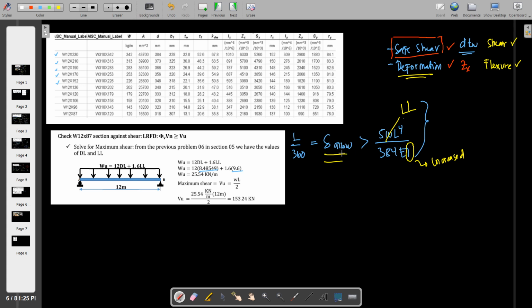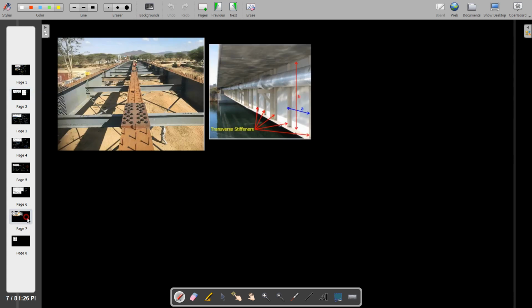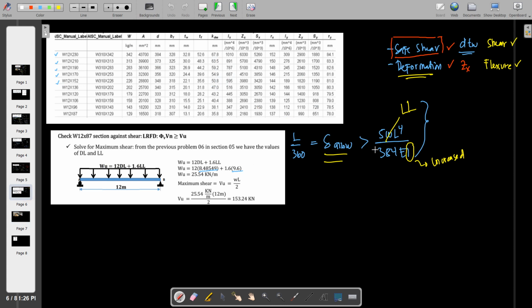Pwede na siyang pumasok sa allowable deformation. So, madali lang naman yung pag-check ng deformation. Just review it on the uploaded material for you. Now, simple lang, just apply those formulas here and then compare it to the actual deformation based on the loading, no? So, hindi pwede na mas mataas yung actual dun sa allowable. Okay, so that is just a simple principle to deal or to check for your deformation.